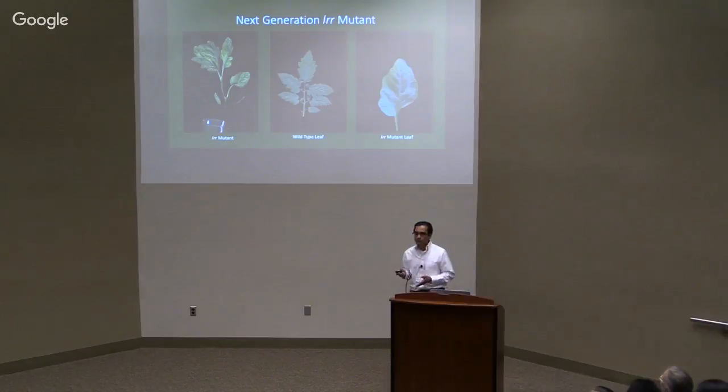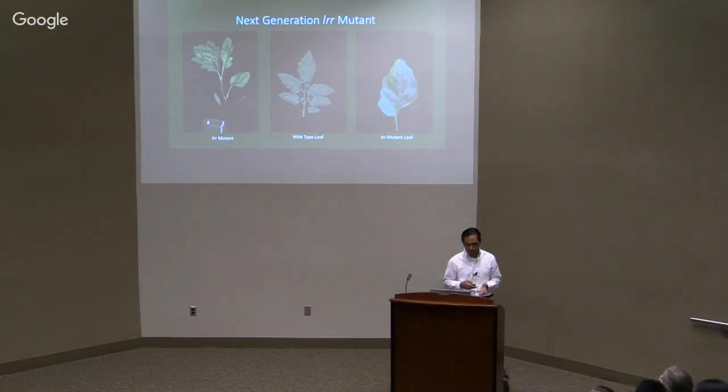However, since all of those plants were heterozygous, we still bred them, and we were hoping to find a mutant. And we did. We found a plant in the next generation of LRR that had a terminated meristem; it had ceased growth.